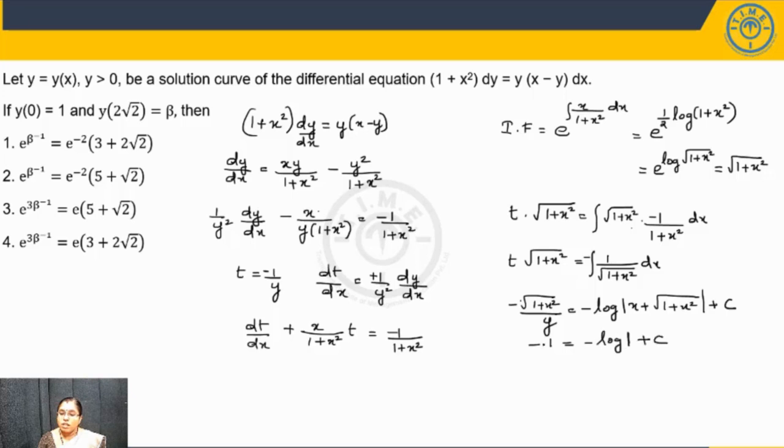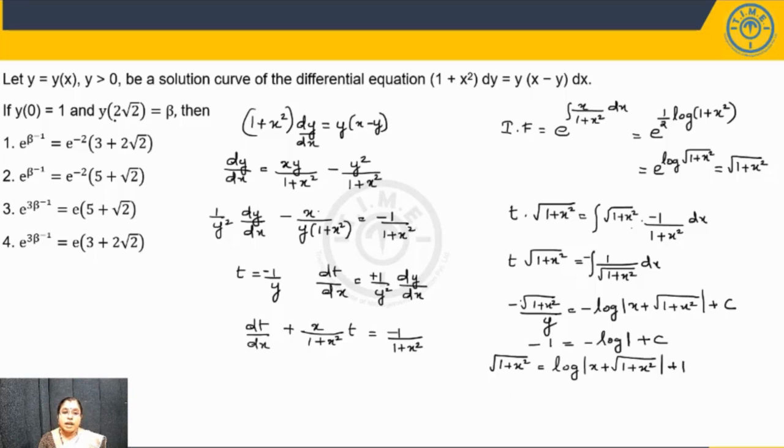Here log 1 is 0, so therefore c is −1. So all negatives will become positive and we'll get the expression like this: √(1 + x²)/y = log(x + √(1 + x²)) + c. c is −1, so minus of minus 1 will become plus 1.